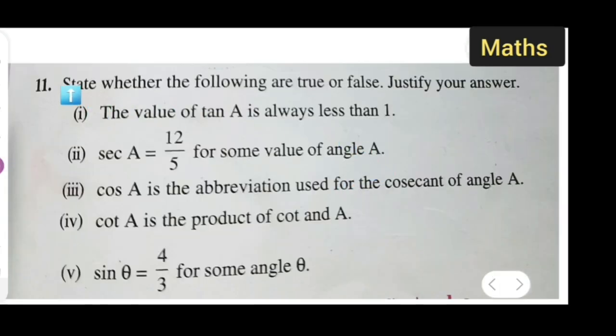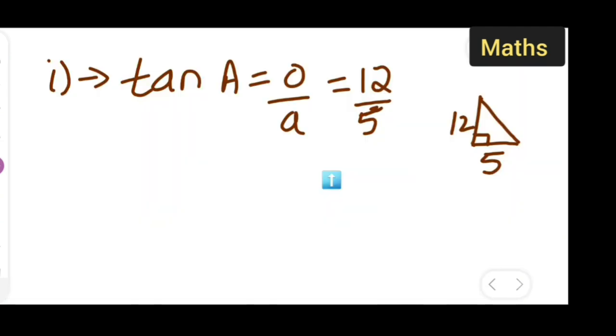Take down the question first. State whether the following are true or false. Justify your answer. Now the value of tan A is always less than 1. Is it true or false? Let us see. For example, tan A formula is opposite upon adjacent. In the given figure, I can just take opposite as 12 and adjacent as 5.